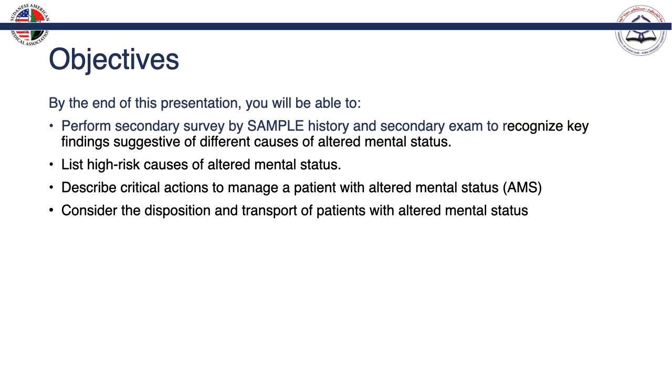The objectives we mentioned are to perform a secondary survey by SAMPLE history and secondary exam to recognize key findings suggestive of different causes of altered mental status, list high-risk causes of altered mental status, describe critical actions to manage a patient with altered mental status, and then assess the ability to manage this patient in your facility or to transfer somewhere else.